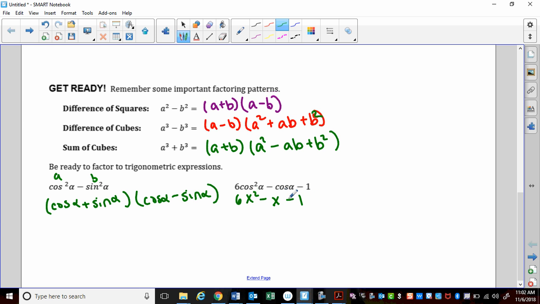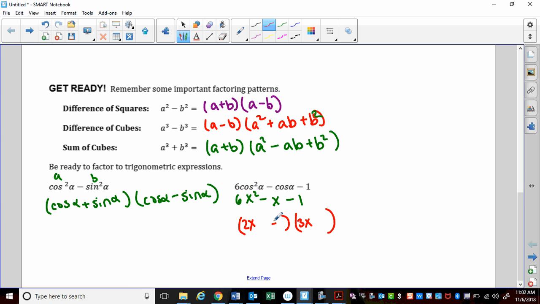And think about factoring that first, and then you can go back to plugging in alphas after that if you would like. So I know that the factors of 6 are 1 and 6 or 2 and 3, but if I have a 6 and I'm multiplying it by 1, I'm not going to get a difference of 1. I know that. So I know it's going to be 2 and 3, so I'm going to say 2x and 3x. My factors of 1 are 1 and 1.